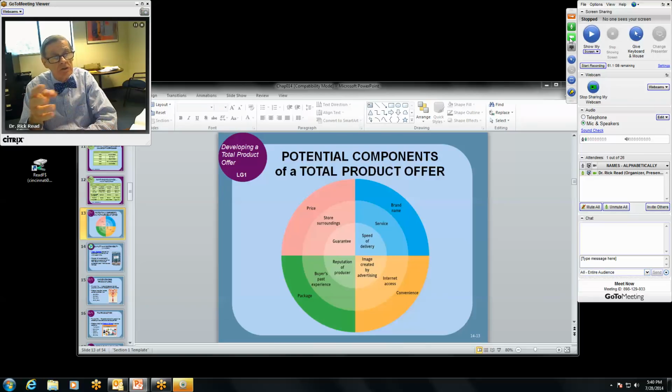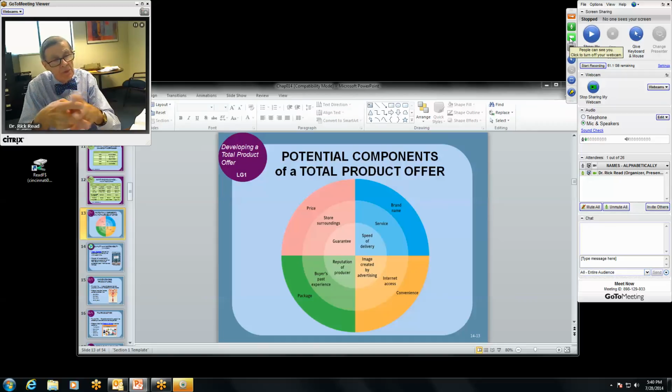This is what the consumer looks at in making the total product offer comparison, and there are a lot of things that go in here. You can see this slide, figure 14.1, in your text on page 380.